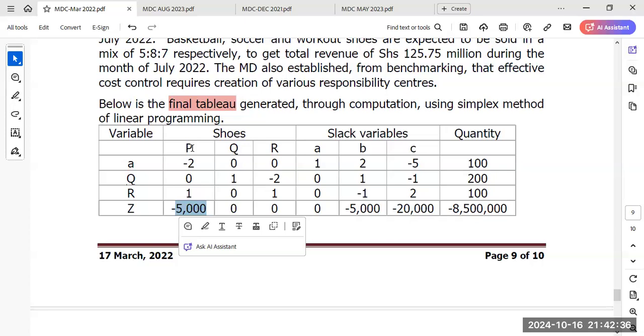Here we are trying to say that if product P is produced, then the company's profit will decrease by this amount of money.